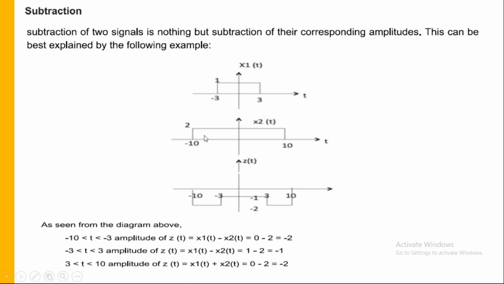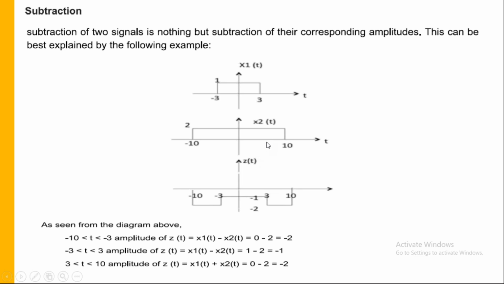But instead of addition, now your z of t is nothing but x1 of t minus x2 of t.